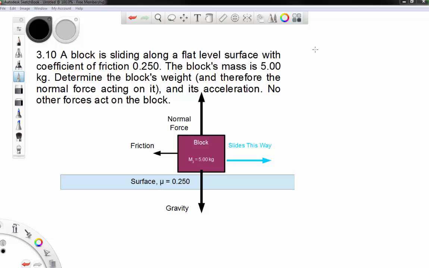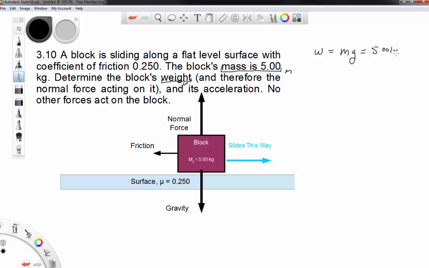Okay, well, the weight you can find by applying Newton's second law is going to be the block's mass times the free fall acceleration. So the mass m is given right here. The weight W is what we're trying to find, and g is always 9.8 meters per second squared.